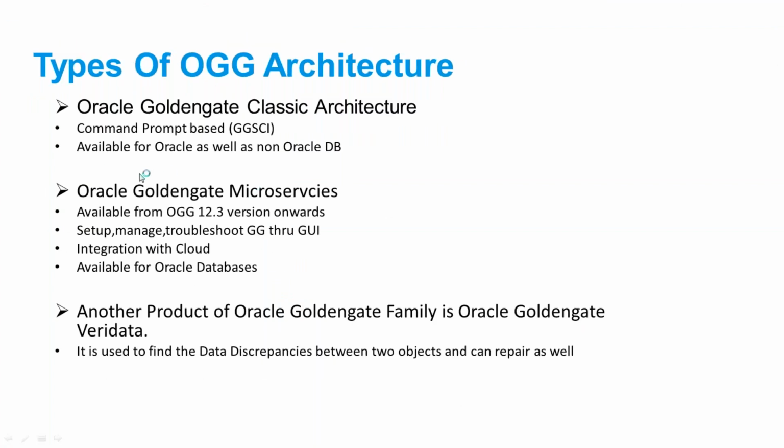In 2017, Oracle launched a new architecture of Golden Gate, which is called microservices architecture.